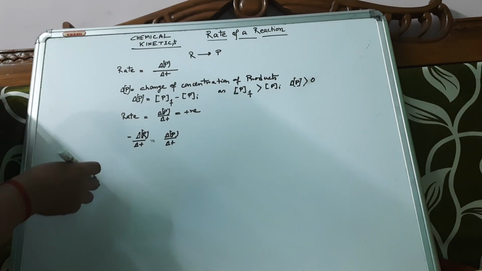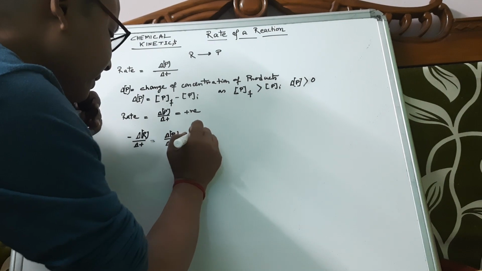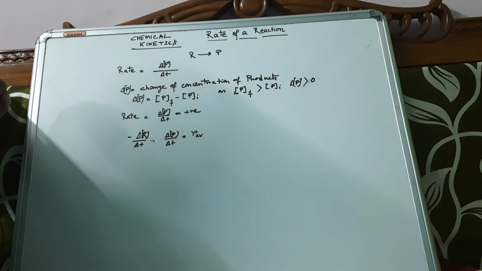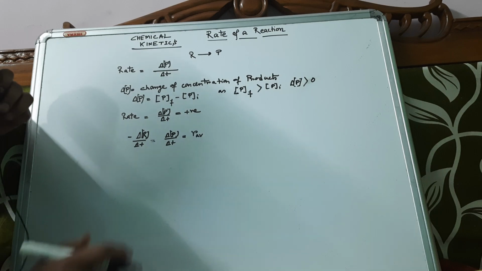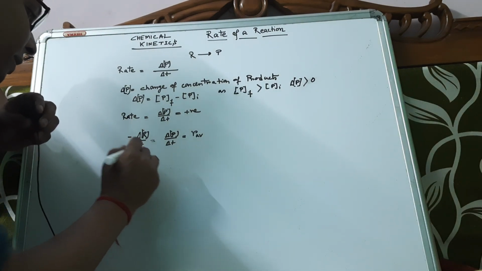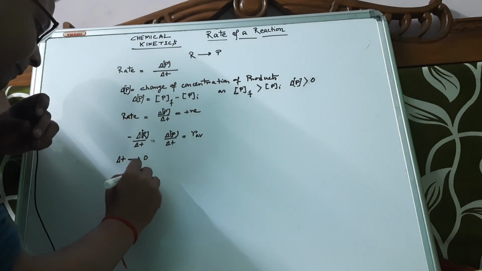So this large change means finite change. When the changes are finite, such rate can be called average rate. And when the change is very small, delta t going to 0, then the rate is called instantaneous rate.